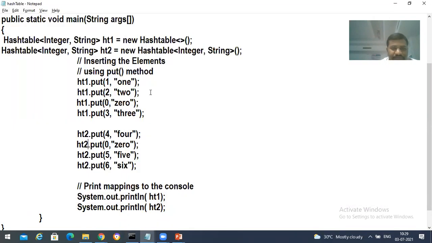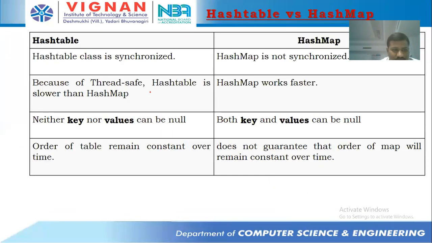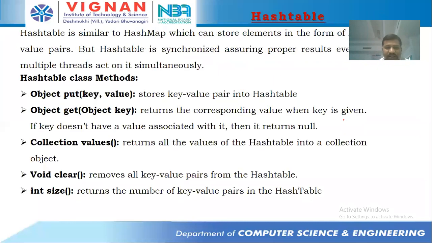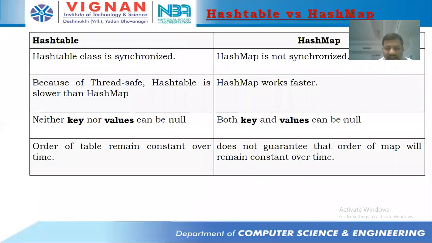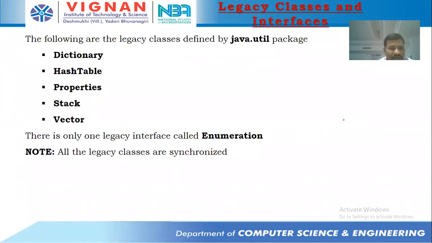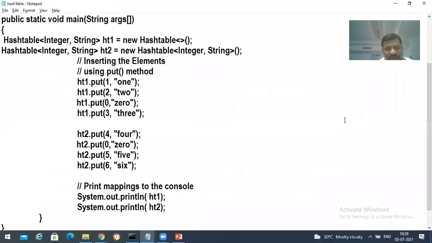But in this, they don't give proper results when multiple threads act. Okay, fine. So that is what your Hashtable does, just like your HashMap. Here in Hashtable you are getting the values in descending order. But in your TreeMap, you'll be getting the elements in ascending order.